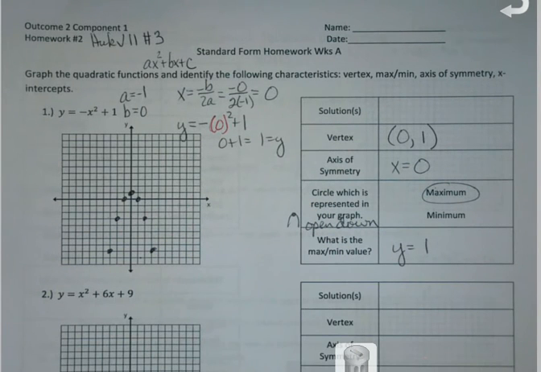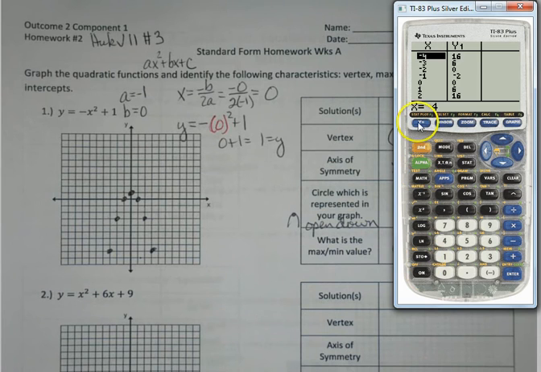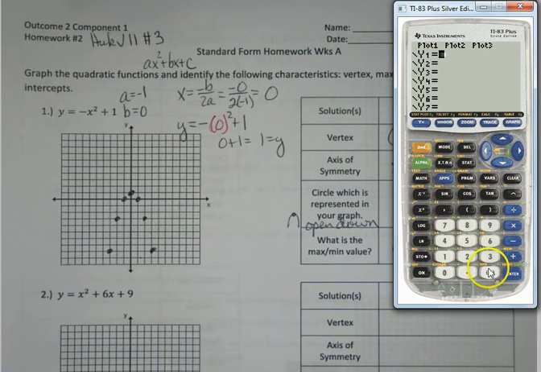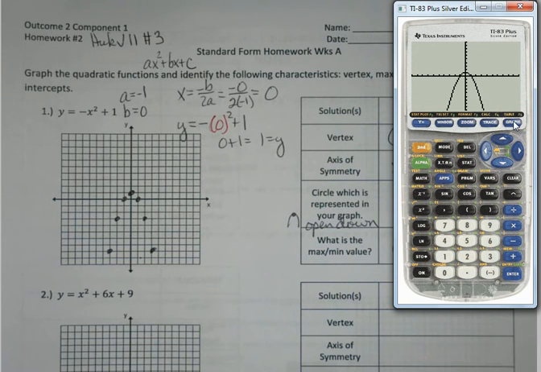Now we're going to see just how swift we are, because we're going to double check it on the calculator instead of just doing it originally there. So I see it opens down. Okay, looks kind of like mine does.